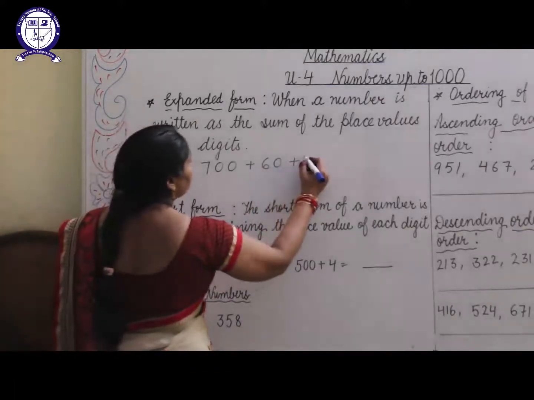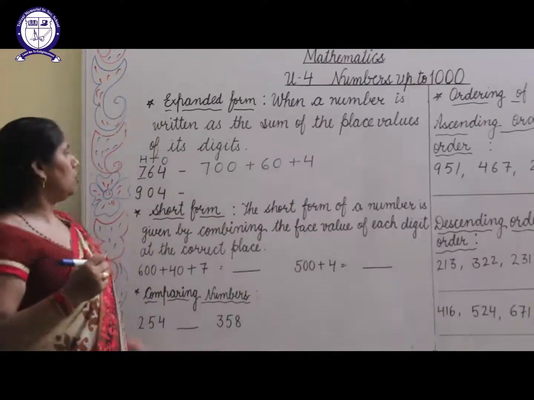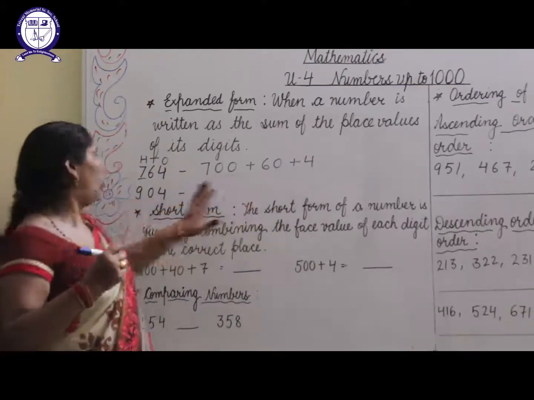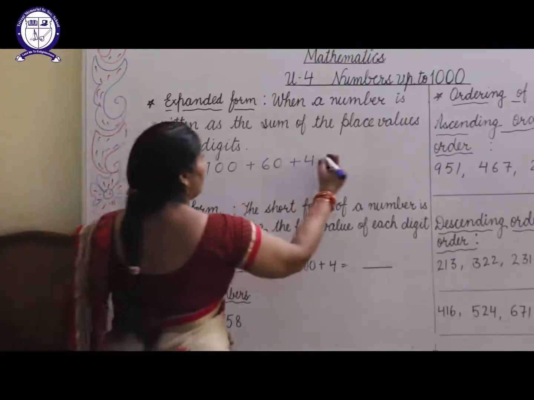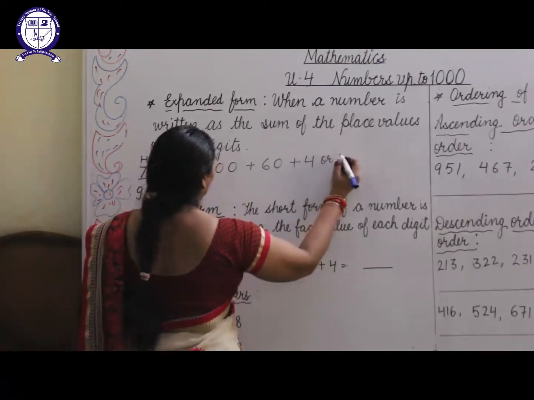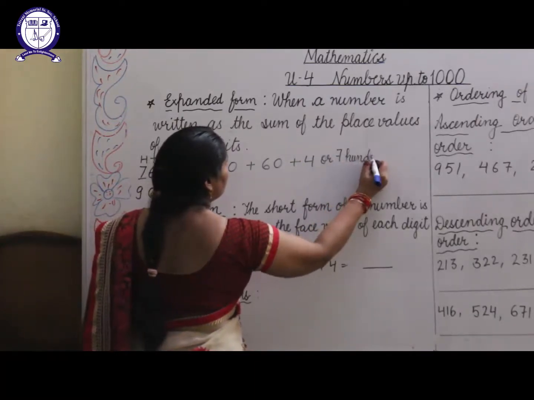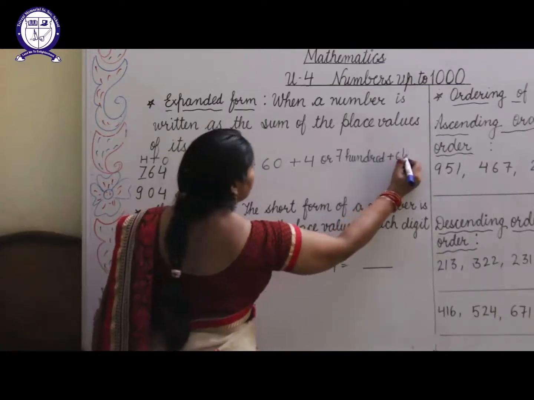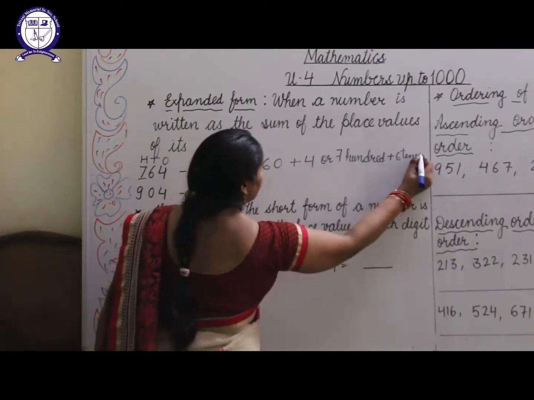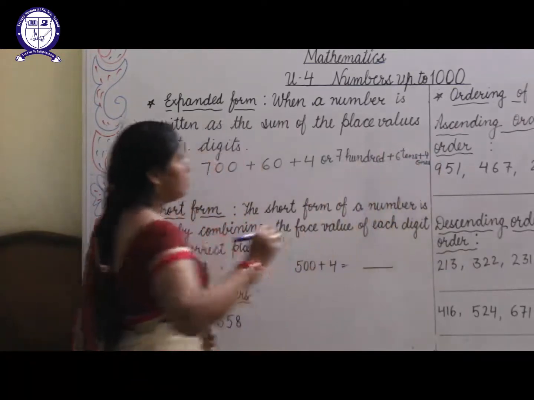So the place value of 4 is 4. So students, that is the expanded form of 764. We have to write here also 700 plus 6 tens plus 4 ones.